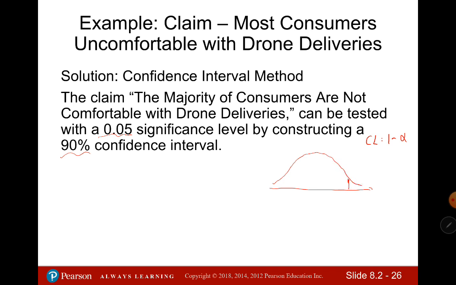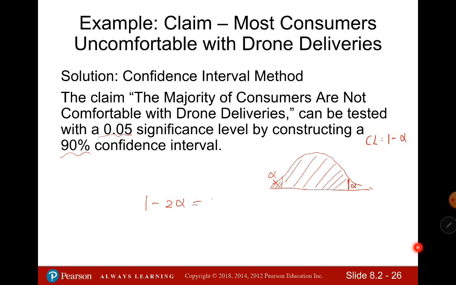This time we are talking about the right tail, so it's one tail, and that tail has area alpha. Similarly, a confidence interval is the region in the middle, so it always has two tails, and the second tail also has alpha. That's why, for a one-tailed test, the confidence level is 1 minus 2 alpha.